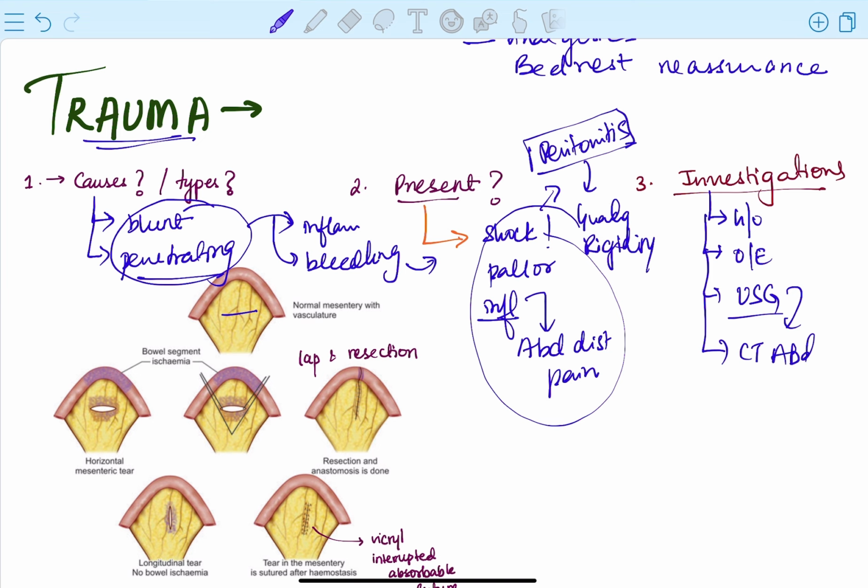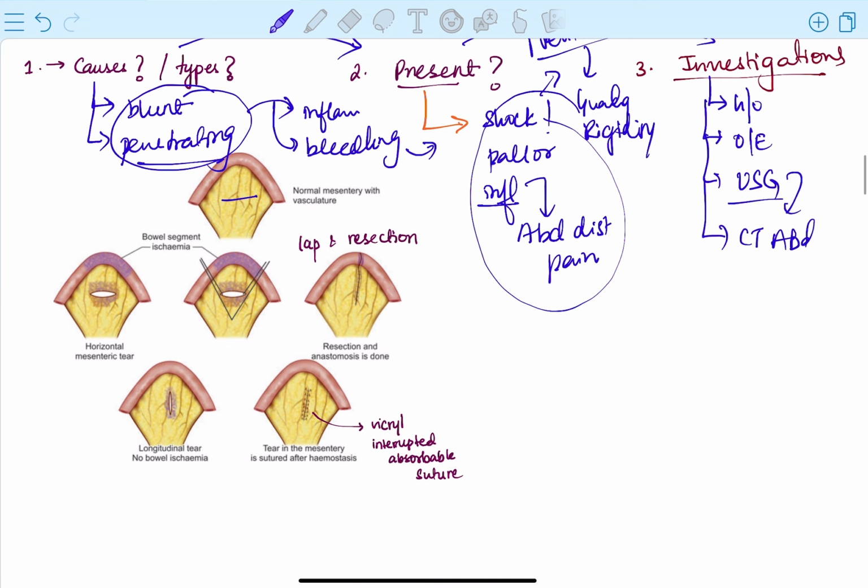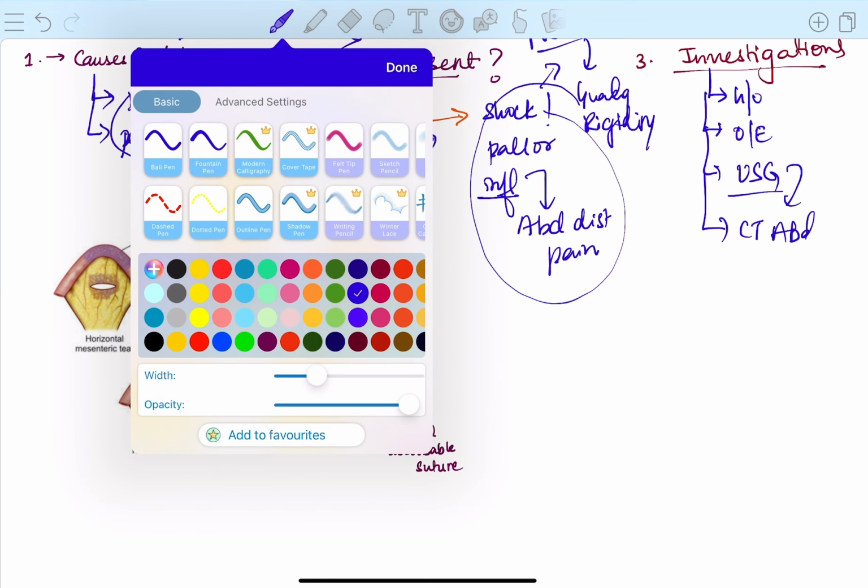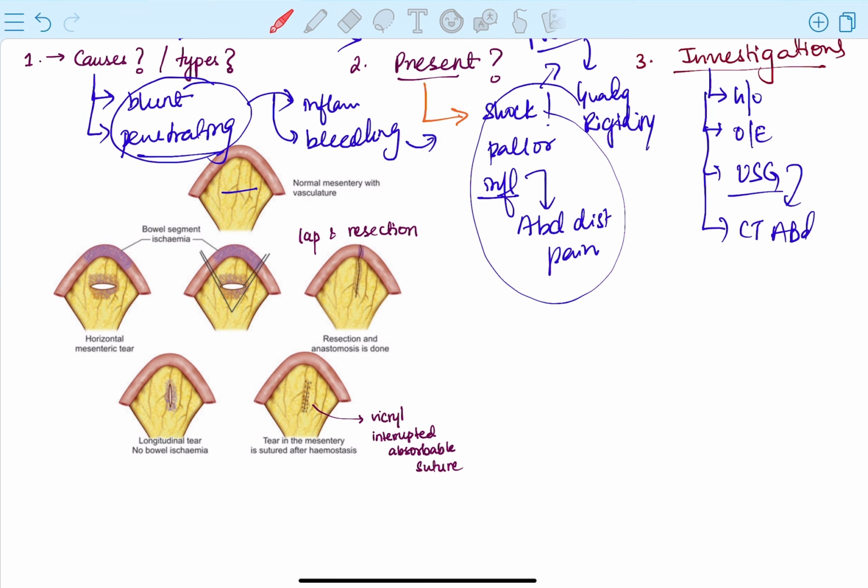After you take these investigations, you identify the type of injury with history, and with symptoms you localize the region. Now you are doing the investigation, but what are you going to see? These are the tears that you can see, right? Either the tear can be a horizontal mesenteric tear, or it can be a longitudinal mesenteric tear.